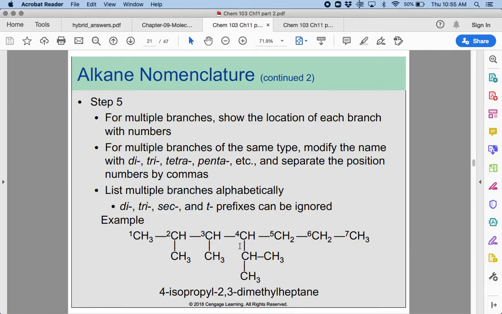So this would be 4-isopropyl, 2,3-dimethylheptane. The reason the isopropyl comes first is I comes before M in the alphabet. Remember, we don't put the di as part of the alphabetization.